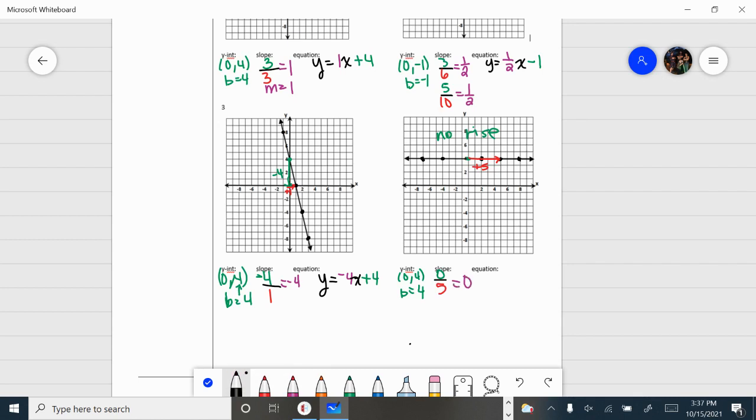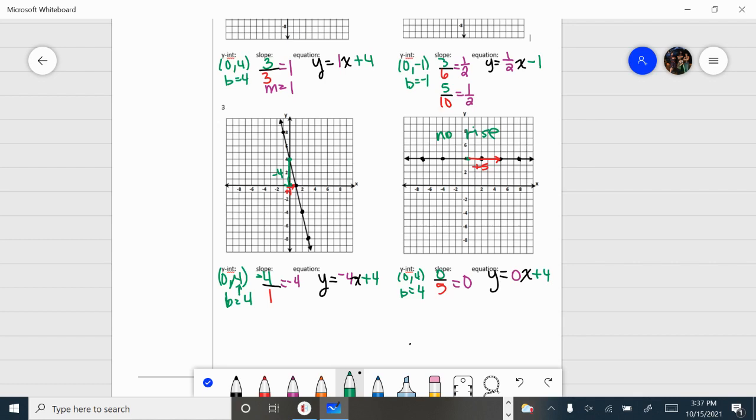So then my equation, y equals 0x plus 4. Now, typically, if it's 0 times your variable, we're not going to write anything for it.